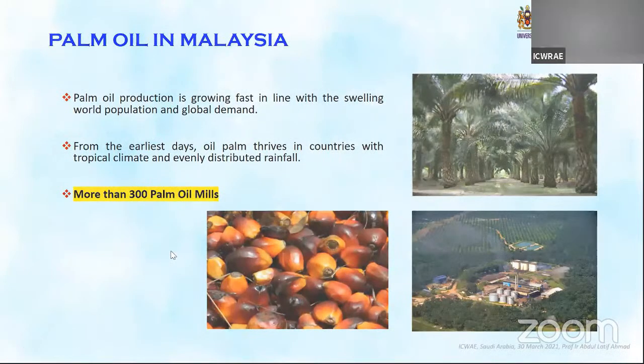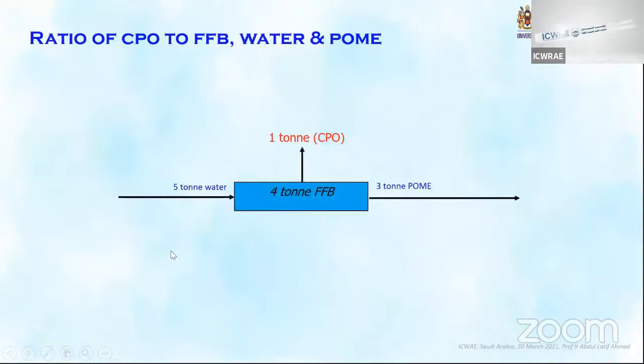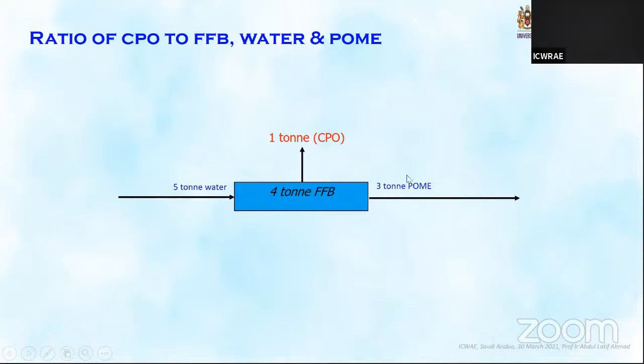This is the ratio of how much effluent is produced. For every single ton of crude palm oil, it requires 5 tons of water, and it discharges 3 tons of effluent to the environment.